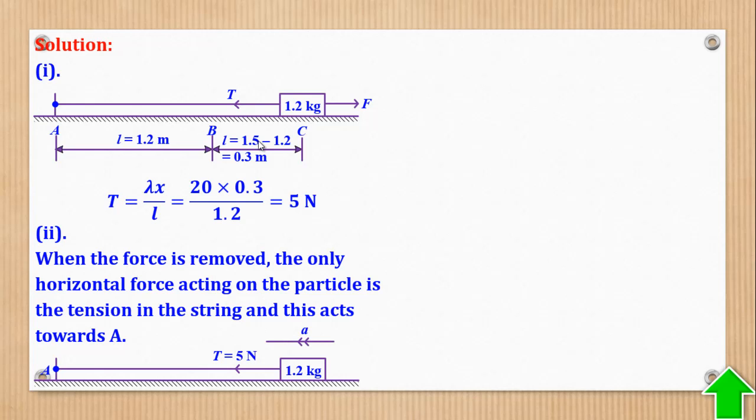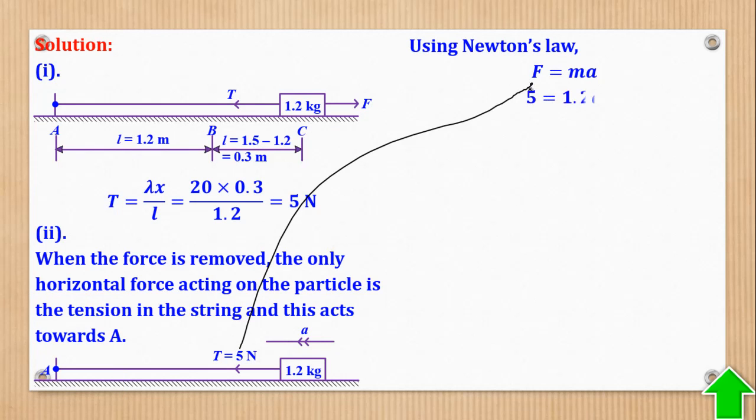Remember, we are saying the acceleration with which it begins to move. So using F equal to ma, force is this tension, then the mass is this, meaning I can get the acceleration, and that's what they wanted.